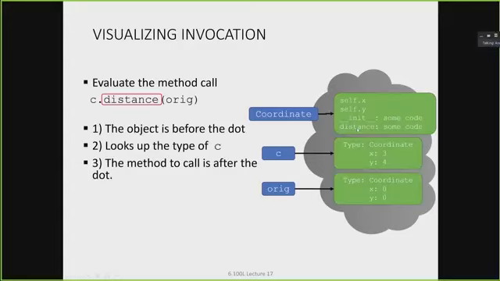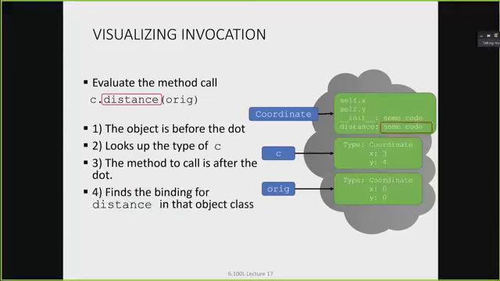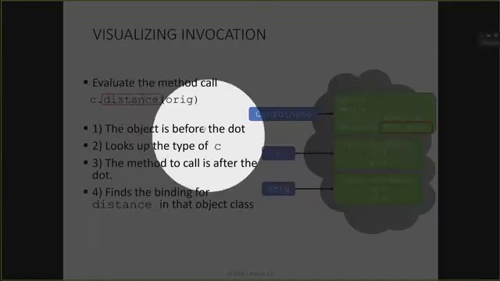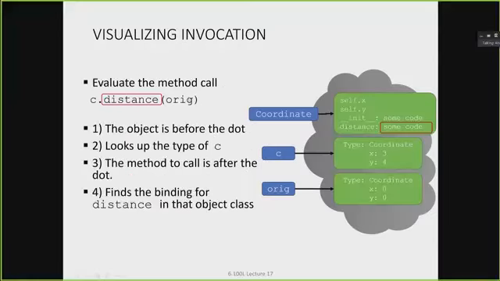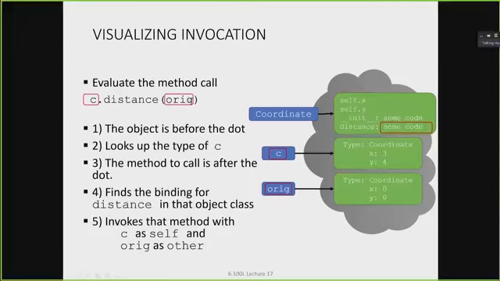We just wrote it. And then it says, all right, let me call this distance method. It's going to set self as c, the thing before the dot. And any other parameters will be set in order to whatever's being passed in here. So orig will become the other parameter from my definition for that function.